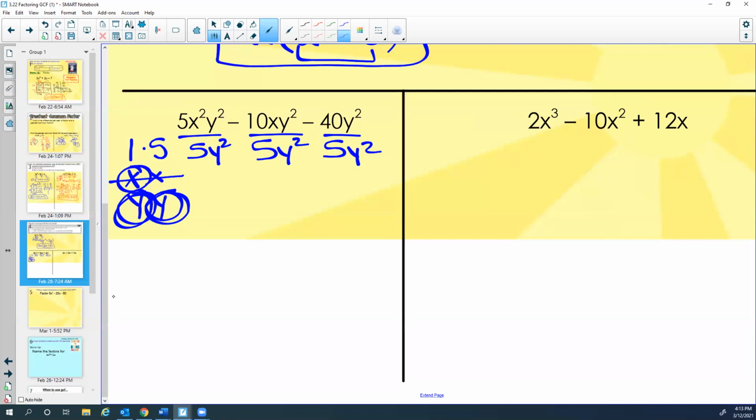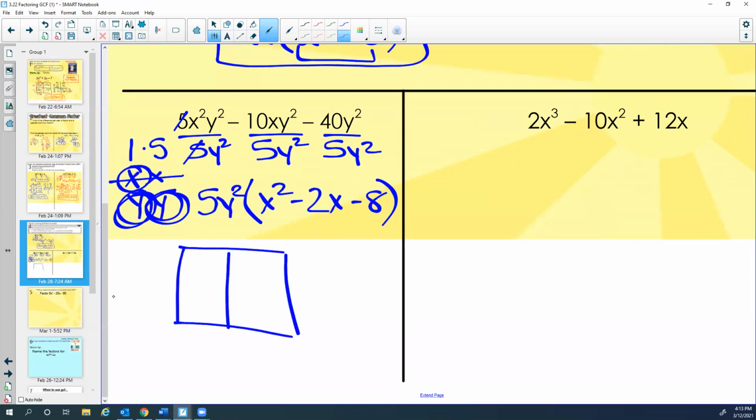So when I divide all this out, I start out with 5y squared, and then on the inside, I'm going to have x squared minus 2x minus 8. Again, the only part that goes inside the box is what's in parentheses.